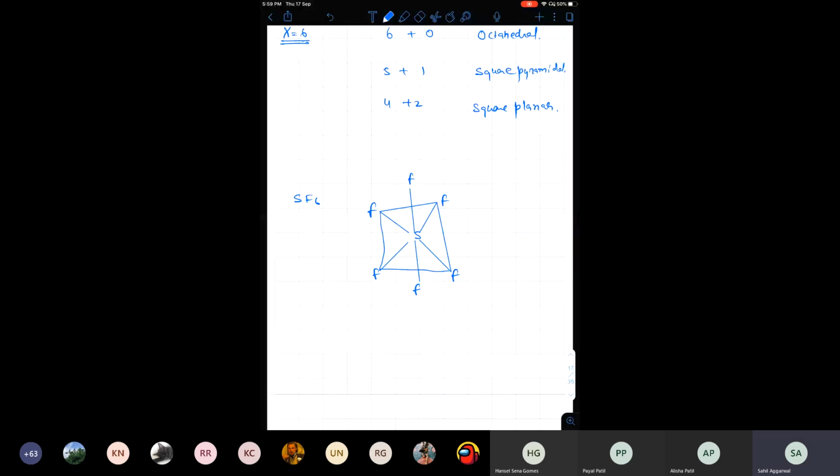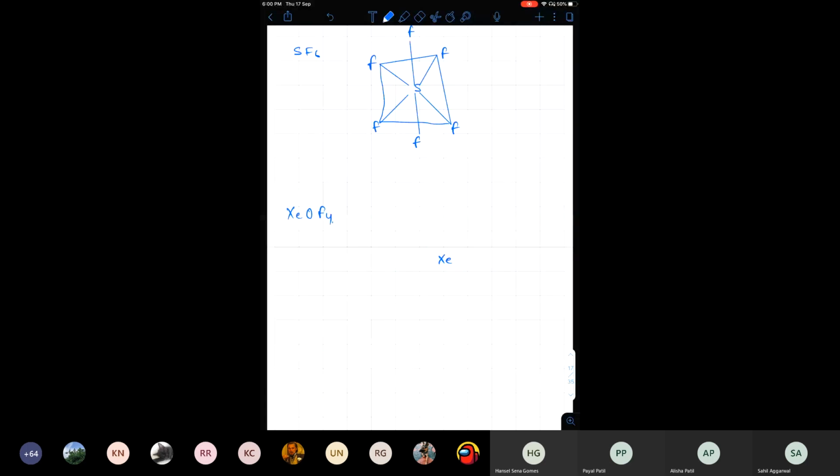If we take XeOF4, then geometry will be same, but shape will be square pyramidal. From one side pyramid will be there, one side lone pair will be there. Understood?